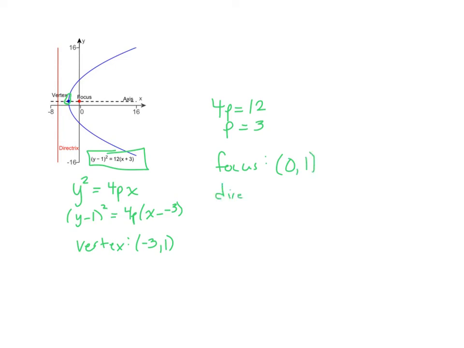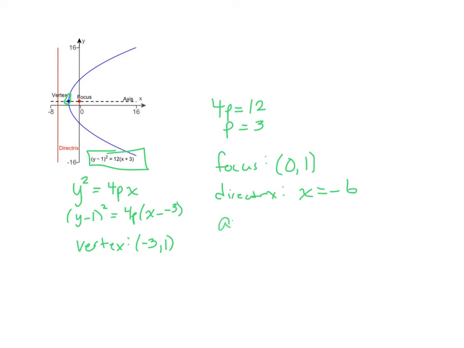For the directrix, again, you start with the vertex at -3 and subtract 3 to get x equals -6.